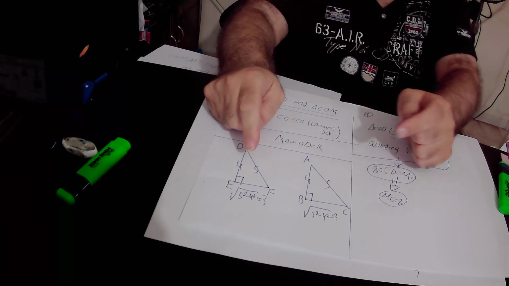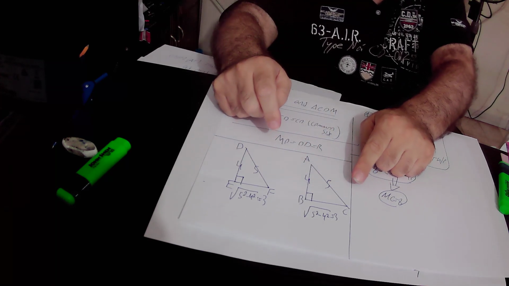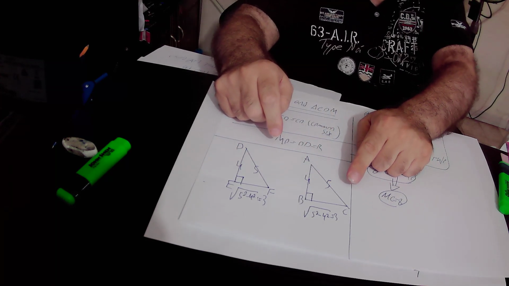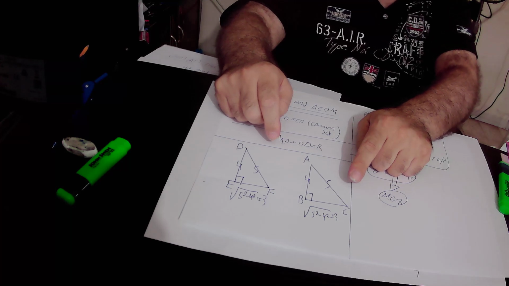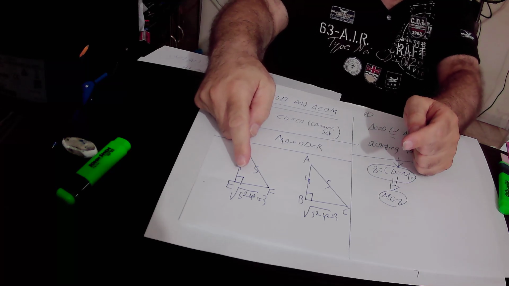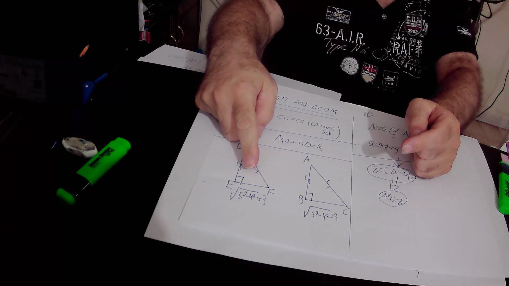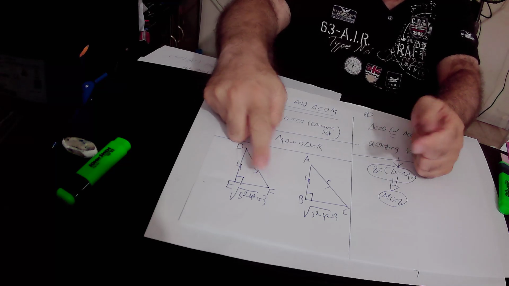Why? Because according to the Pythagoras theorem, here the third side equals the square root of 5 squared minus 4 squared. That is 25 minus 16 is 9, and the square root of 9 is 3. Here also, EF must be equal to the square root of 5 squared minus 4 squared. That is 3.